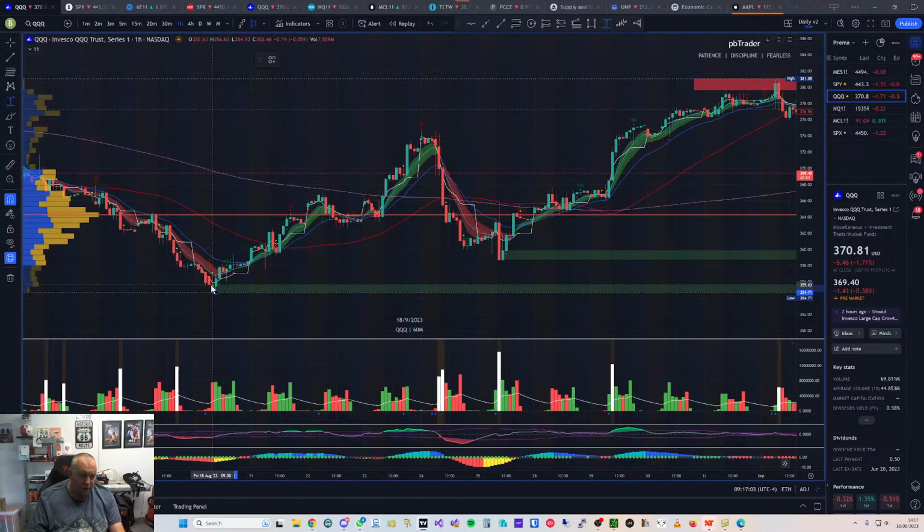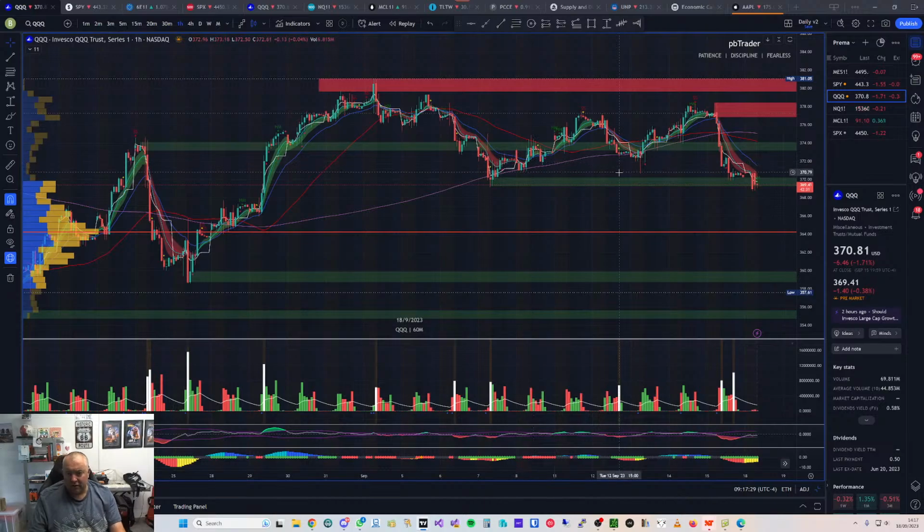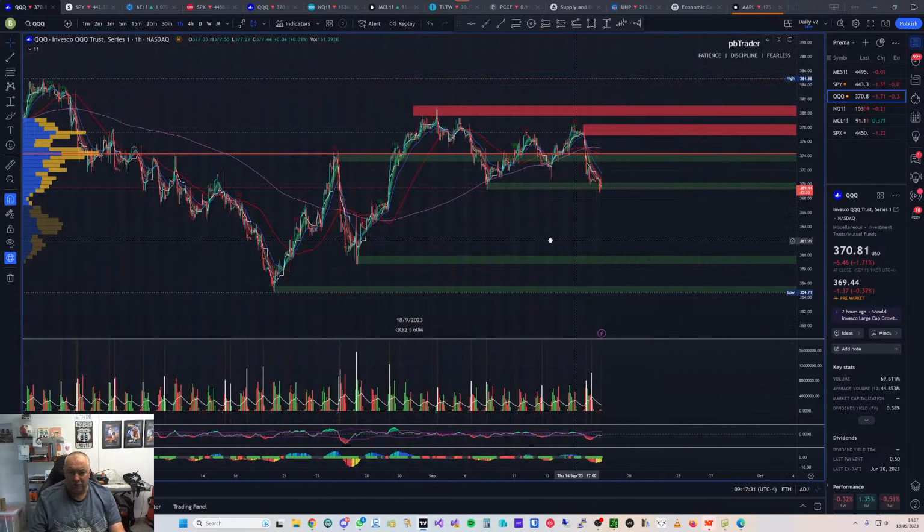How I draw them in is I take the tail of the reversal candle to the top of the body of the preceding bear candle, and the same for the supply zone, I take the tail of that one down to the previous green candle. So technically we should be there. That's the supply zone. So let's look at that now. It gives us some more levels to watch for.